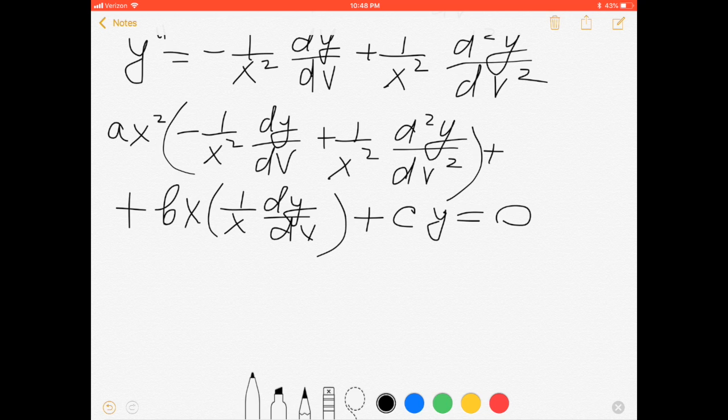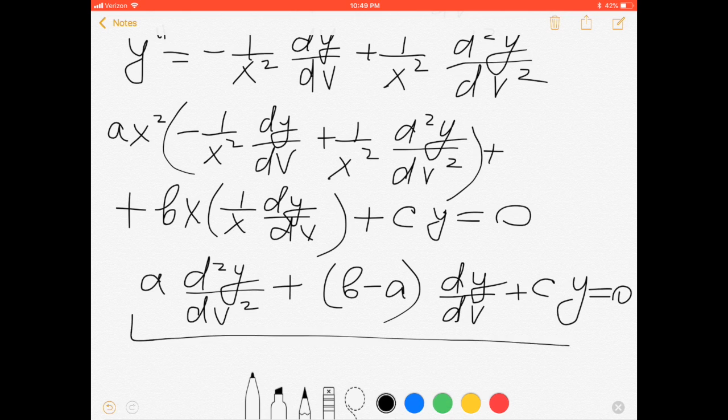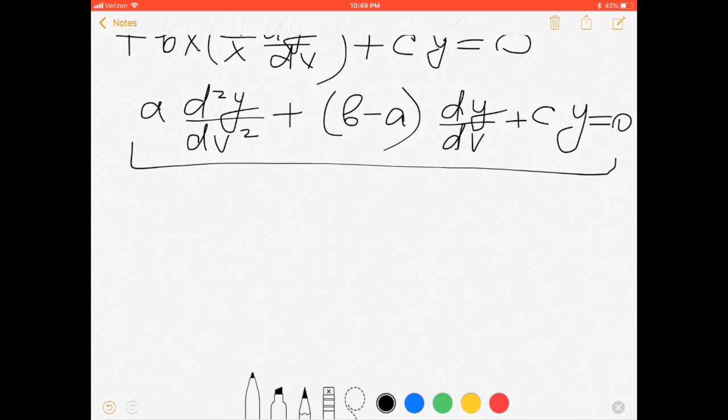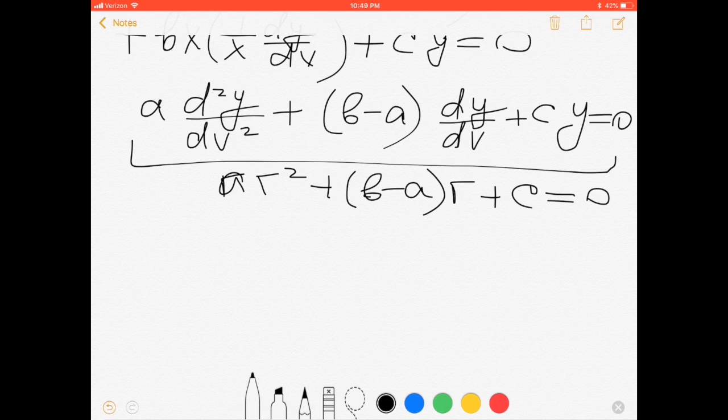What do we have here? We have a times the second derivative plus (b minus a) times the first derivative and plus cy. Looking here, now we have a homogeneous equation with constant coefficients, and we can find r1. The characteristic equation will be ar squared plus (b minus a)r plus c equals 0.